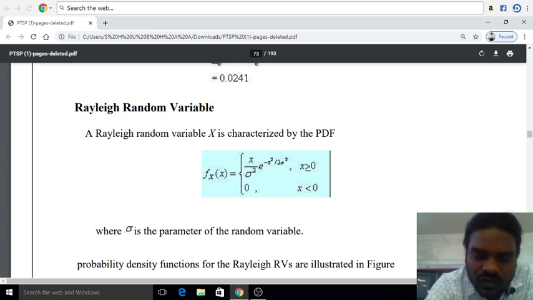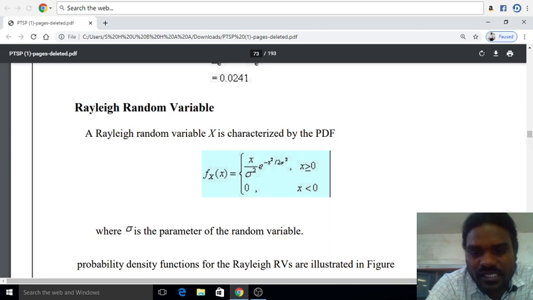Now we have to study the Rayleigh distribution, or Rayleigh random variable, whose distribution function is given by f_X(x) equals x by sigma square, e to the power of minus x square by 2 sigma square, where x is greater than or equal to 0.